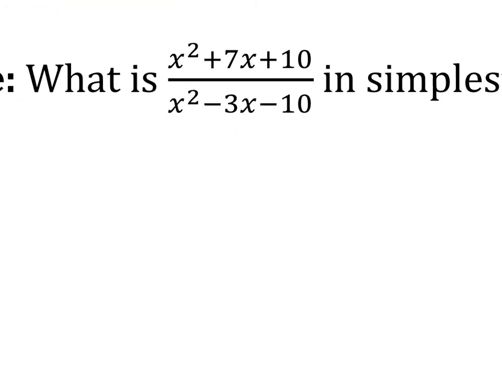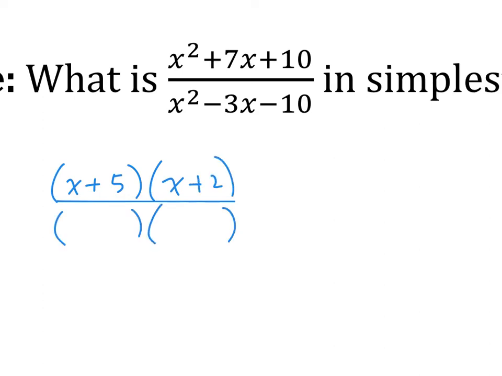All right, so the first thing is factor, factor, factor. So we're going to have to factor the numerator and the denominator. What is the factored form of the numerator? x plus 5, x plus 2. What is the factored form of the denominator? x minus 5, x plus 2.